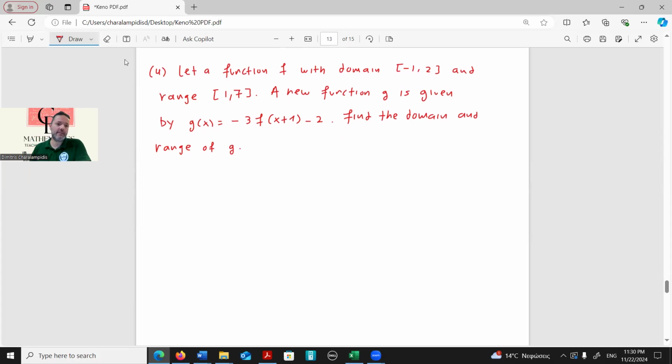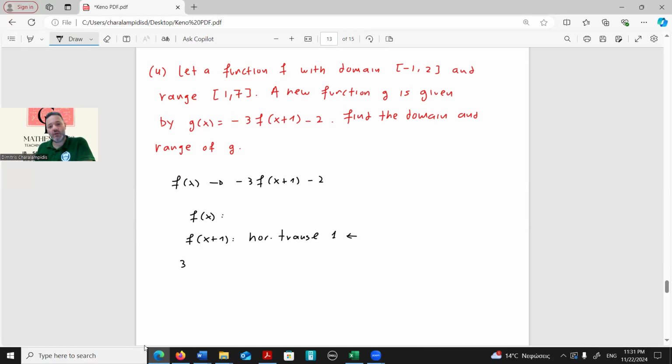Okay, let's see how this can be done. First of all, I should describe that from f of x, in order to go to minus 3 f of x plus 1 minus 2, I should do the following. First of all, I will create the f of x plus 1, which is a horizontal translation, 1 unit to the left.